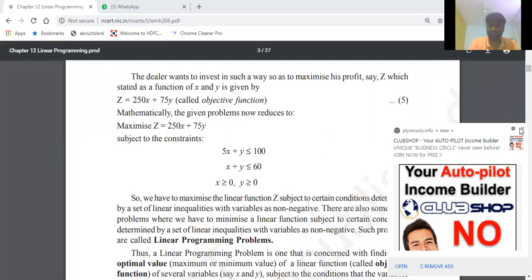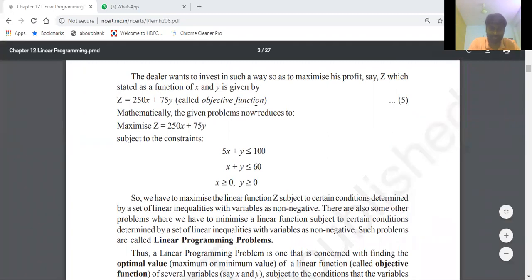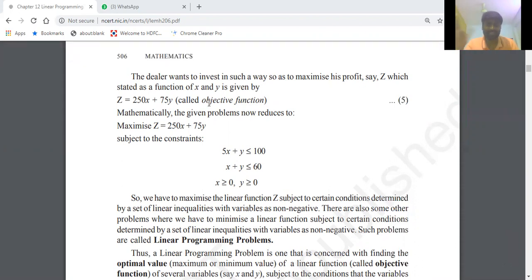So that is the objective function. That is the total profit. That profit function we are going to maximize. Let us see how we can maximize the objective function. Clear? So mathematically the given problem is now reduced to: maximize z equals 250x plus 75y subject to constraints 5x plus y less than or equal to 100, x plus y less than or equal to 60, x greater than or equal to 0 and y greater than or equal to 0. So this is the formulation part.